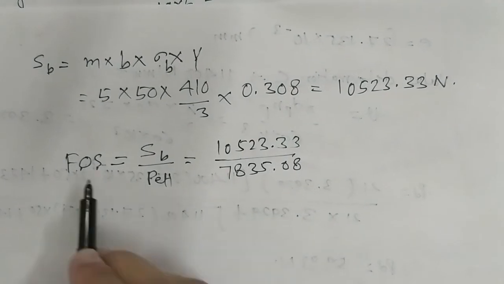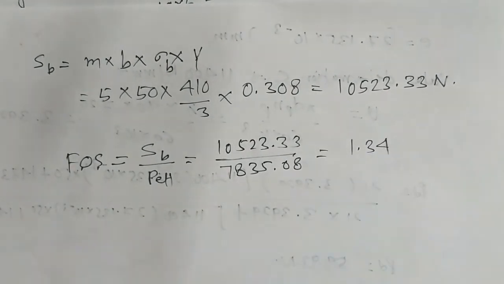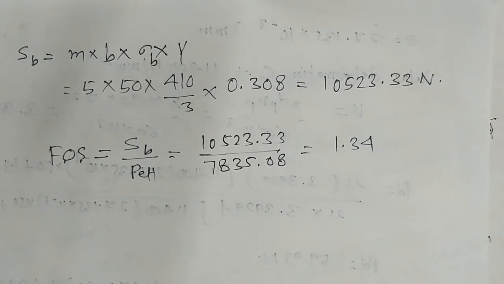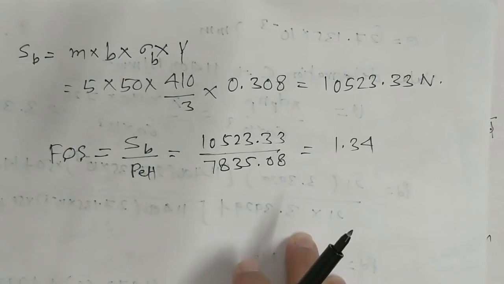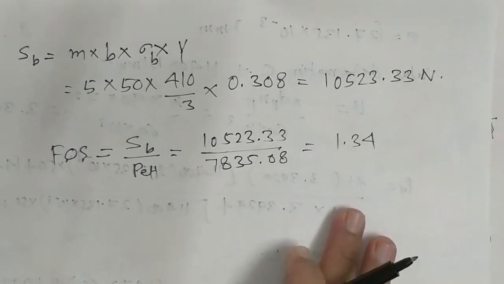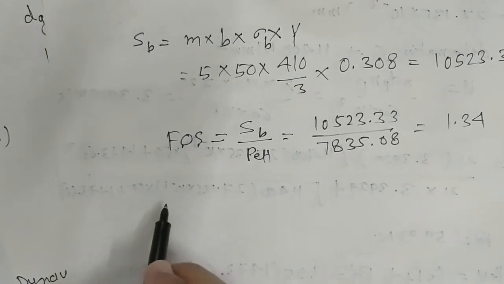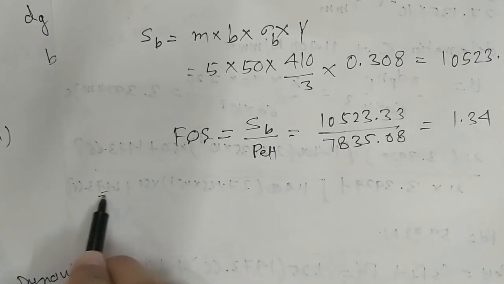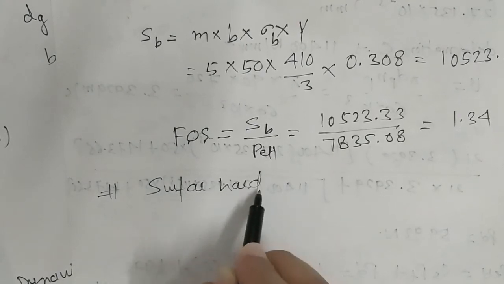So on calculation we'll have factor of safety is 1.34. So we can say from this point of view our gear is safe because factor of safety is more than 1. Now next point is we need to find out the surface hardness.